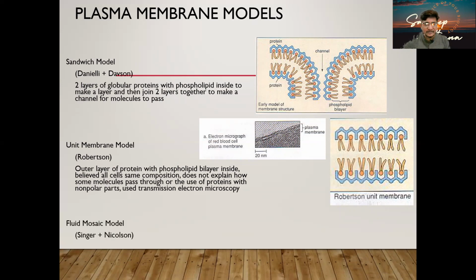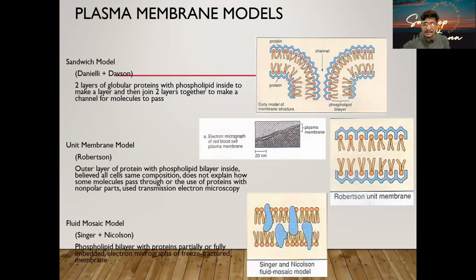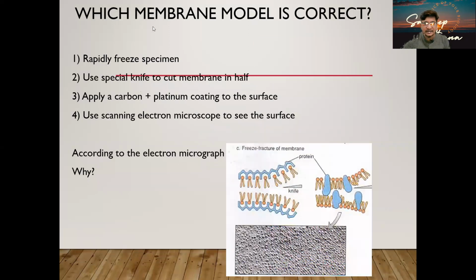Then came the fluid mosaic model, which tried to answer many questions. They adopted a different technique, the freeze fracture technique, where cryo-electron microscopy is done. The membrane is kept at a very low temperature, in the minus range, and carbon particles are used.